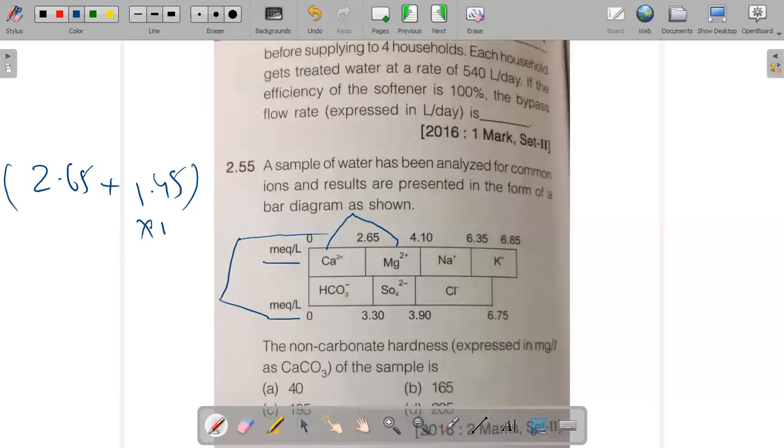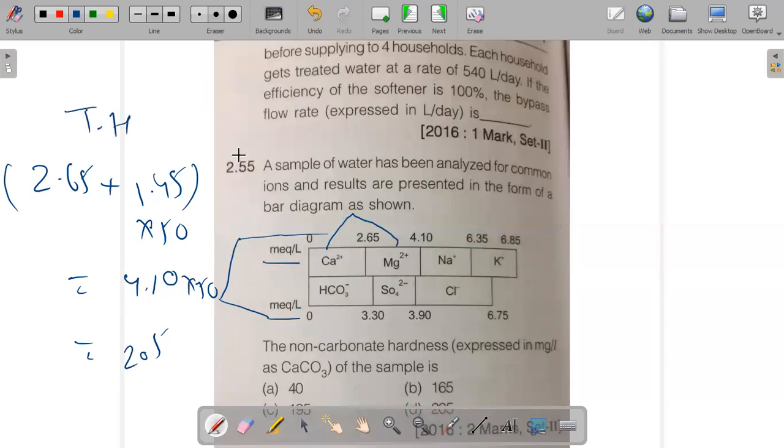Multiplied by 50, 4.10 multiplied by 50, we'll get a value of 205. This is our total hardness.